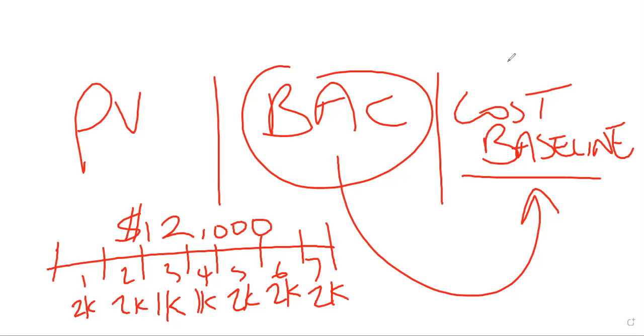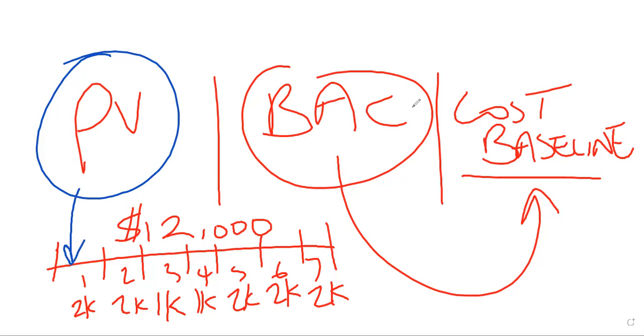See, now where does PV come in? PV is the budgeted cost of work scheduled. And we're talking about the work scheduled for any of these time periods. So we could have the PV for month 1 or the PV for month 2. The PV for month 1 is 2K. The PV for month 2 is 2K. The PV for month 3 is 1K.